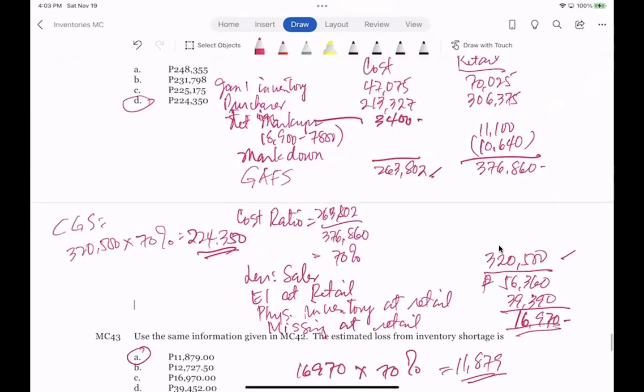Again, this is your computation. So in the retail inventory method, what you need to develop first is the cost ratio. You compute for goods available for sale at cost and at retail.